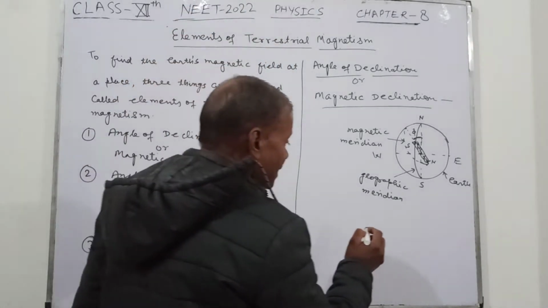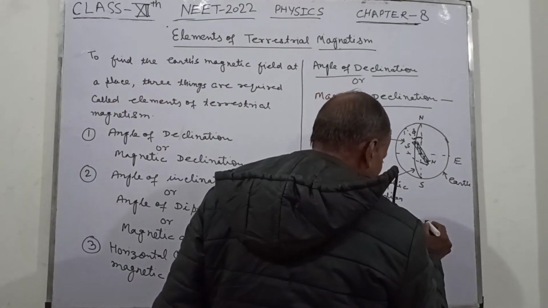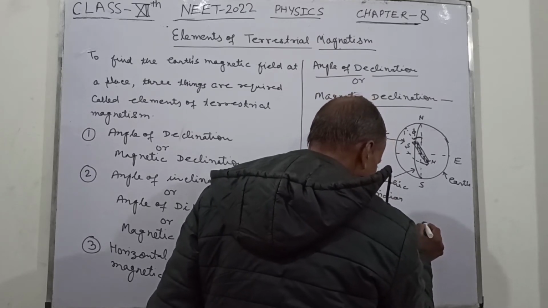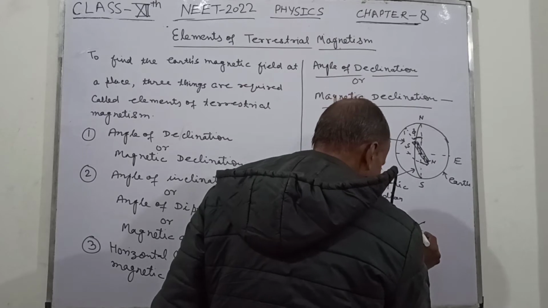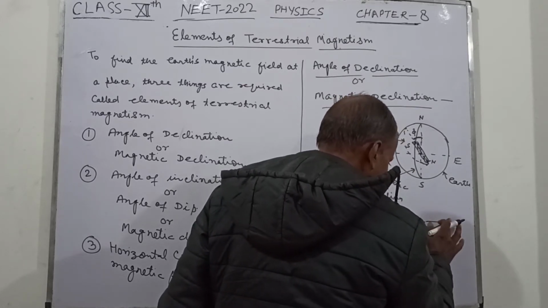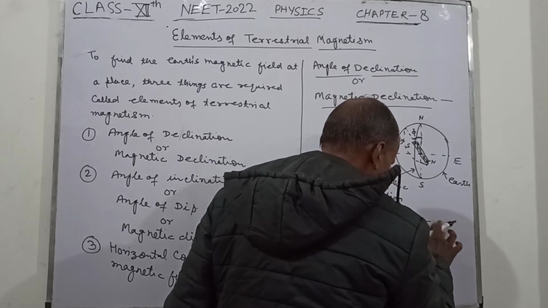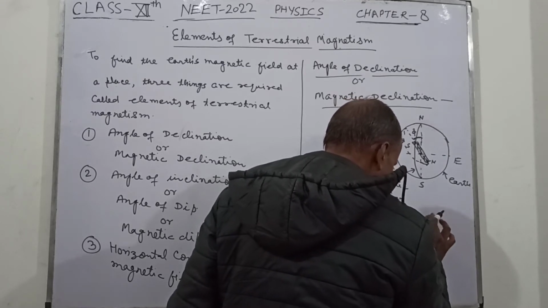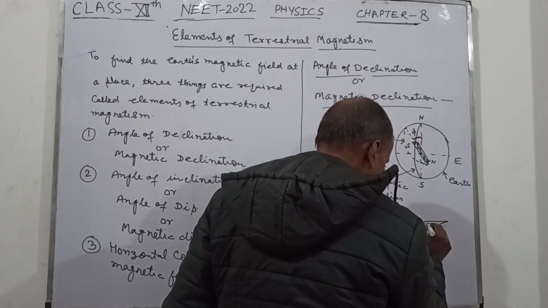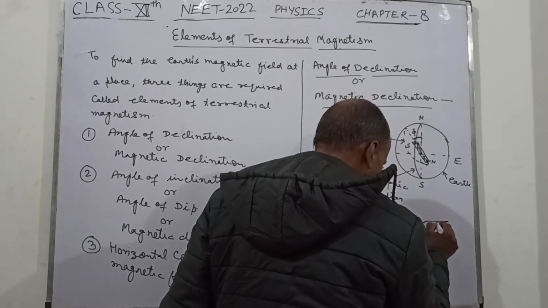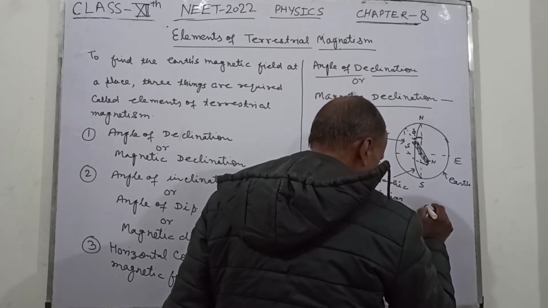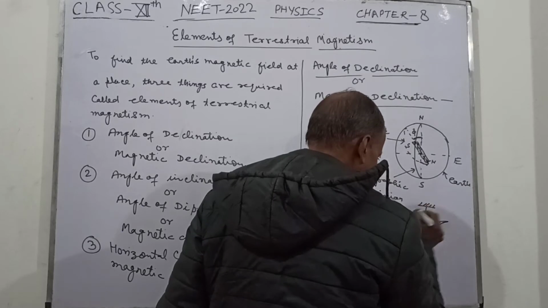We can also have it like this. This is suppose the magnet. This magnet is freely suspended. This is the magnetic axis. This is suspended with the support.